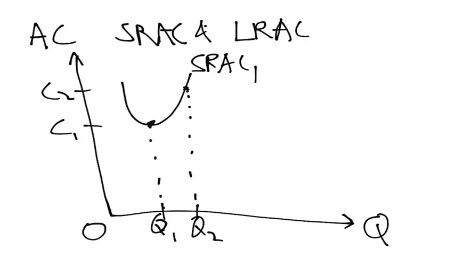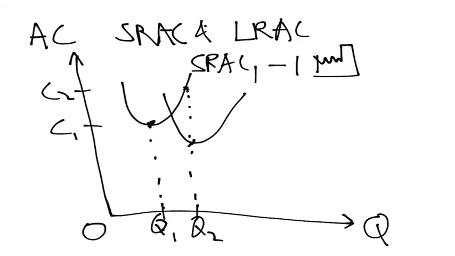So what the firms can consider doing is building another production factory. For short run average cost they have one factory. So if they consider building another factory, what will happen is we may have a new short run average cost curve. I'll draw it better over here.